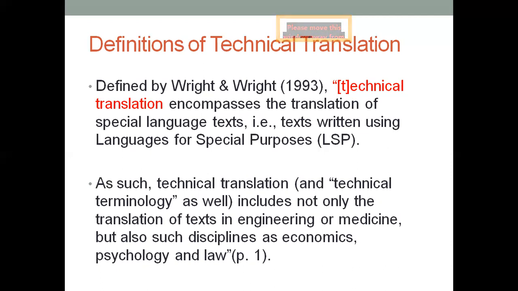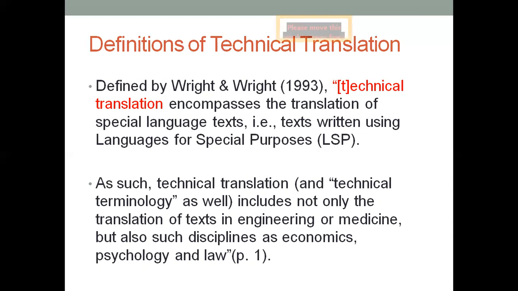While technical translation comprises the translation of special language terms, texts written using languages for special purposes. It means technical translation is similar to specialized translation because it deals with the translation of texts written for a special purpose or for fulfilling a special purpose.